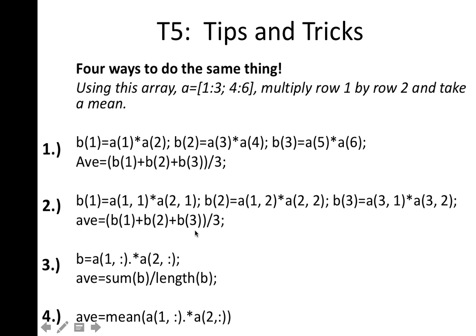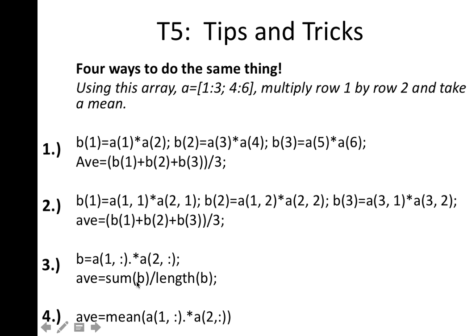Instead, you could do basically the same thing, but, I didn't really explain this, this is using single index notation instead of using double, and this one's using double. This one is even more confusing because you have to count in a more odd way. But if you want to do one step better, you can access the whole rows and then do the dot multiply, which will do element by element multiplication.